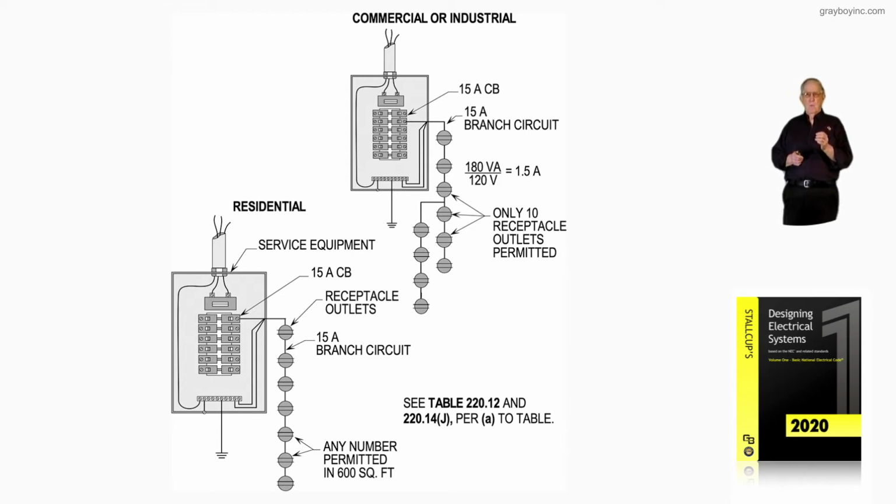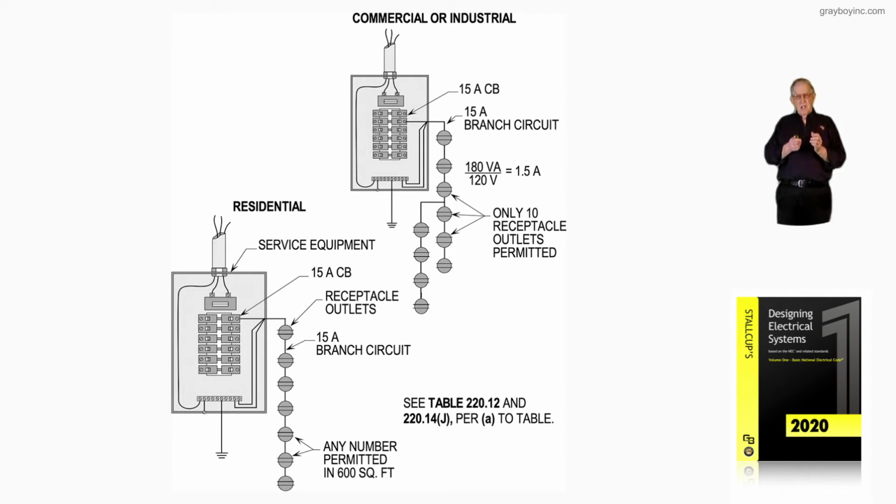Now, if we took our 220.14(J) and we looked at the table, notice that we would use 180 VA per outlet. Now, if we took 180, divided it by 120, that's about 1.5 amp.